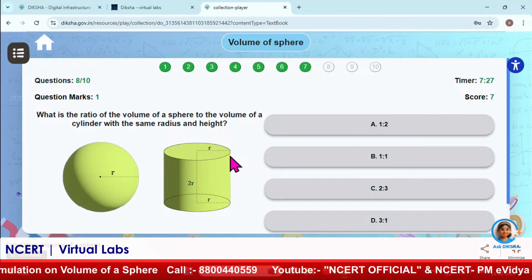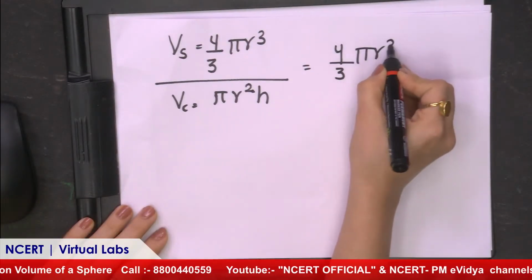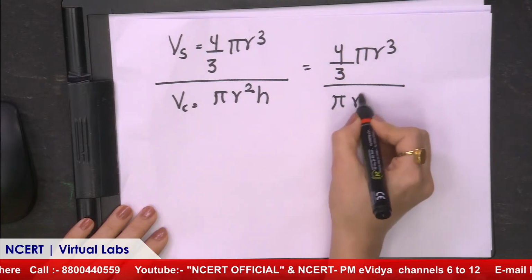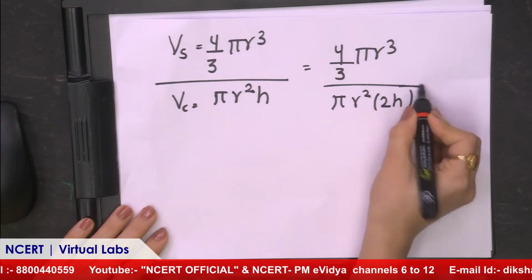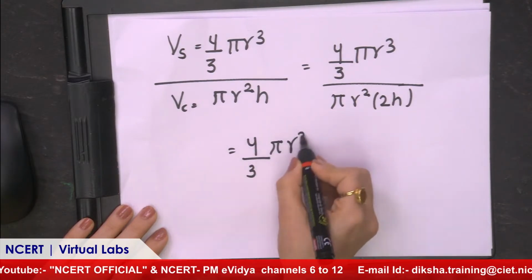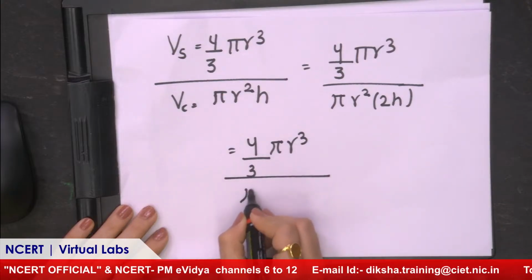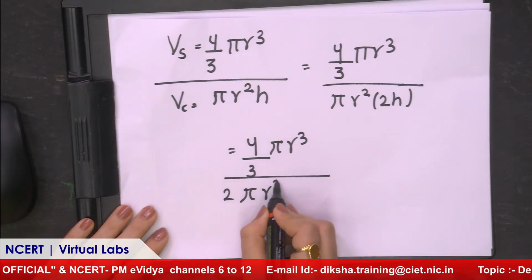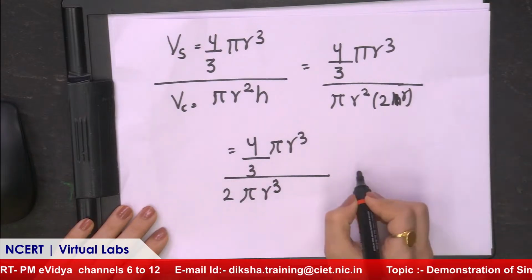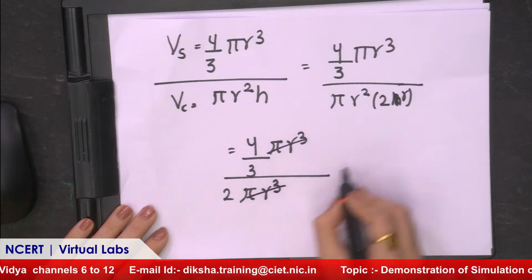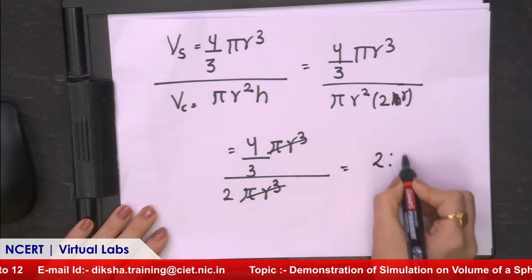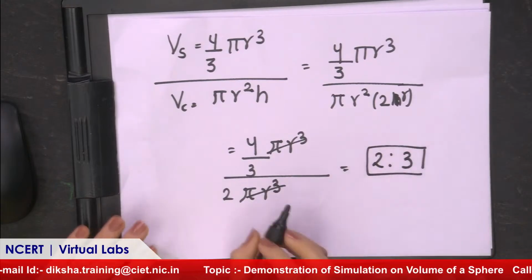So to find the ratio, 4 by 3 pi r cube upon pi r square into 2r, that is 4 by 3 pi r cube upon 2 pi r cube, putting h as 2r. Now we can compare both quantities, find the value of the ratio, and it will become 2 by 3.